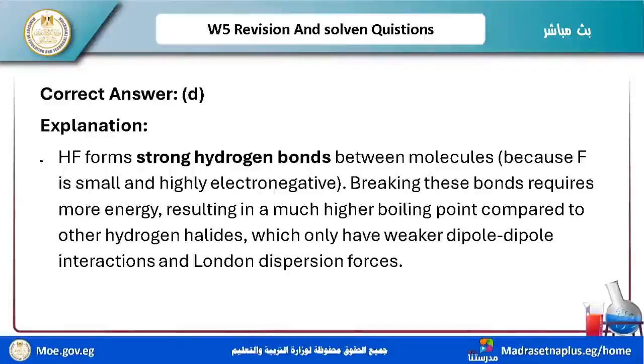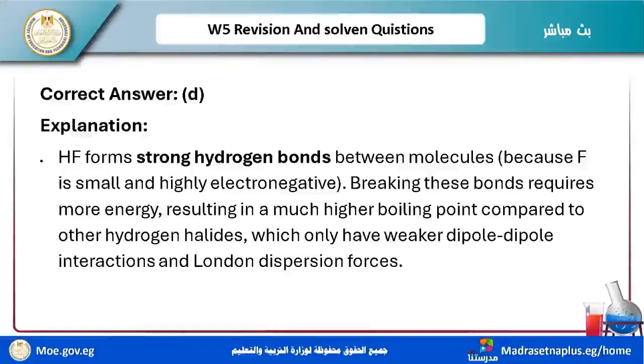When we taught hydrogen bonds, I discussed with you the relation between the strength of hydrogen bonds, their directions, and the difference in electronegativity between the two atoms forming the hydrogen bond. Okay, the strength increases by increasing the difference in electronegativity between the atoms.